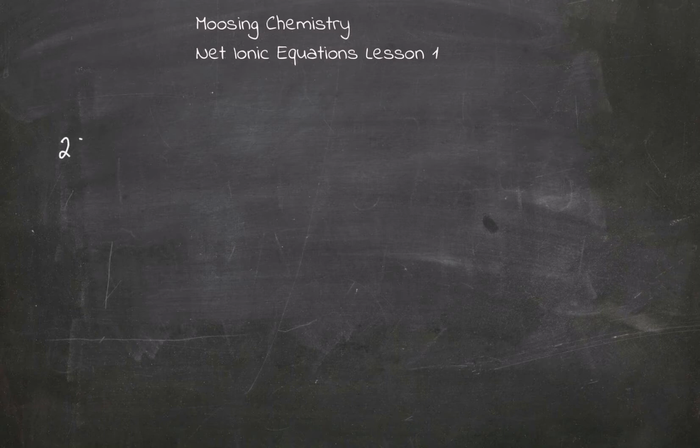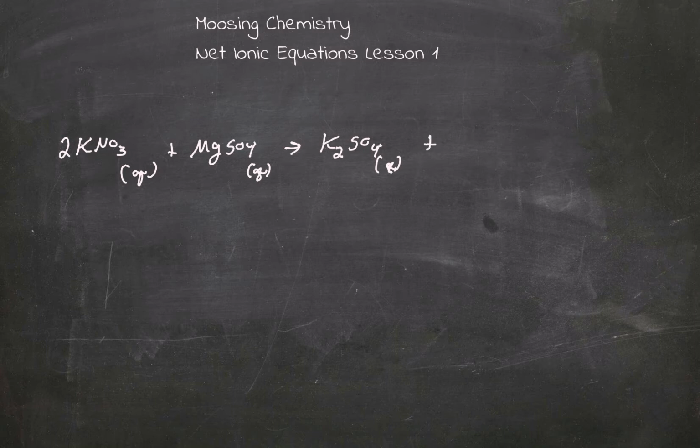Let's say 2KNO3 AQ plus MgSO4 AQ yields K2SO4 AQ plus Mg(NO3)2 AQ.